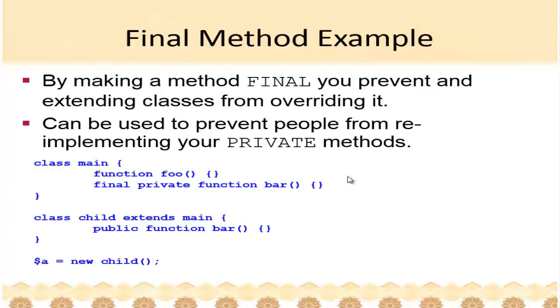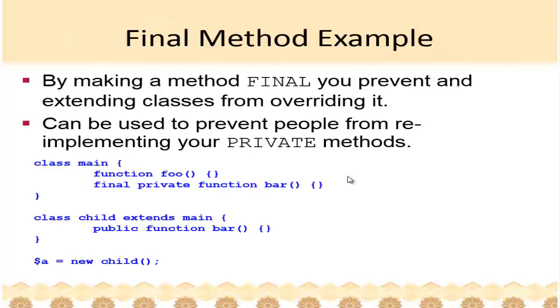One of the reasons why we are using final is to prevent somebody from actually overriding the private methods of our class. You may require some methods which are specific, housekeeping methods within the class that are required for the functioning of the class. And if by mistake somebody who has derived their class out of your class goes and overrides your private methods, then the working will be unpredictable.